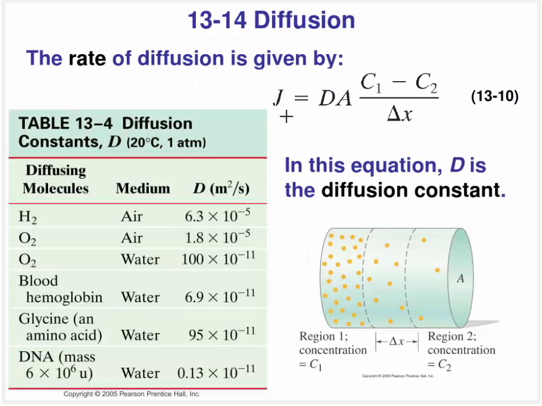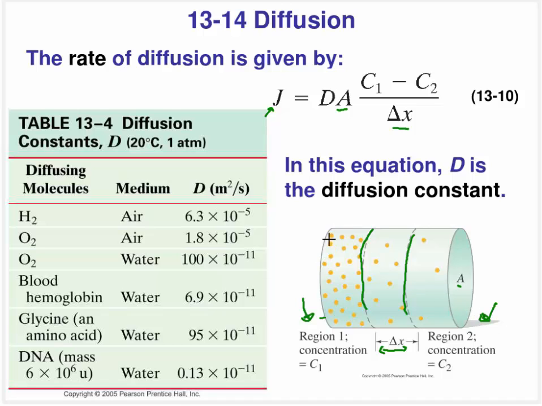We can talk about the rate of diffusion if we were to say, hey, let me just take a cylinder here, because it's easier to look at, and look at the flow through this distance delta x. It's going to be related to the area. So the flow rate is just going to be the area divided by how long of a chunk we're looking at. The flow rate is going to be related to the concentrations over here and over here.